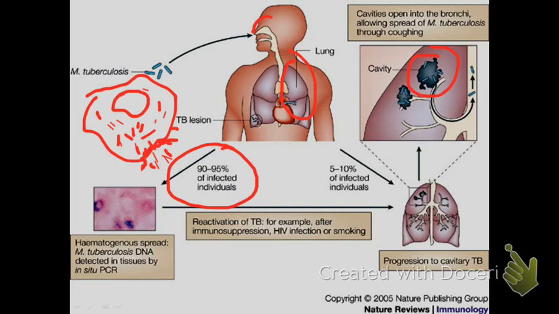Okay, 5 to 10% of infected individuals will progress to cavitary tuberculosis. Now, reactivation happens when, of course, you did not finish the regimen, or there are lifestyle factors, such as smoking, or if you are an immunocompromised individual, such as in cases of HIV infection.